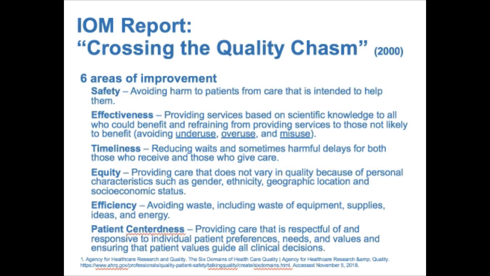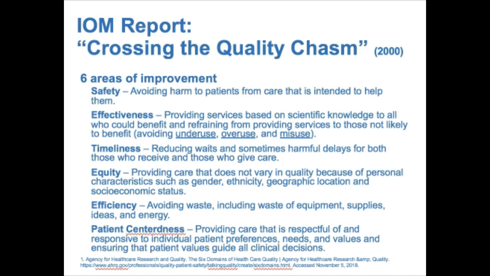In 2000, the Institute of Medicine report was published, and it dramatically changed the way we conceptualize quality. It coined the term the quality chasm, which is the gap between what we know and what we do. The IOM defined quality as the degree to which health services for individuals and populations increase the likelihood of desired health outcomes and are consistent with current professional knowledge.